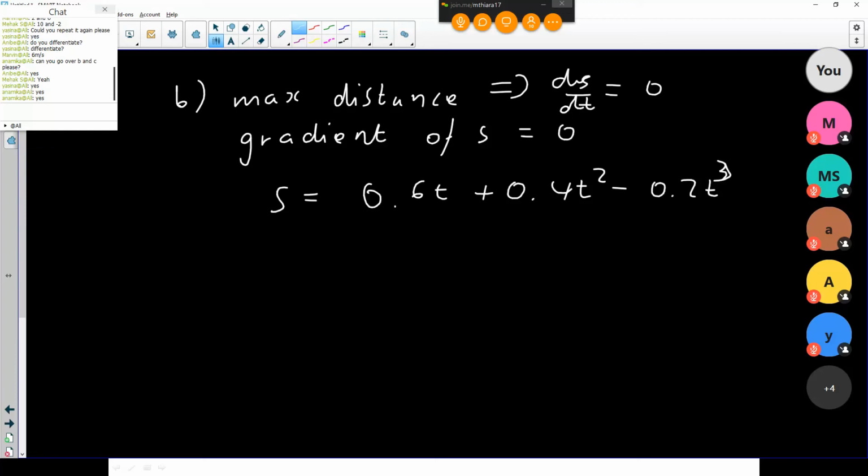Now I want the maximum distance, and at the maximum distance the gradient of this curve, ds by dt, must be equal to 0. So I'm going to differentiate this. ds over dt is equal to 0.6 + 0.8t - 0.6t squared.